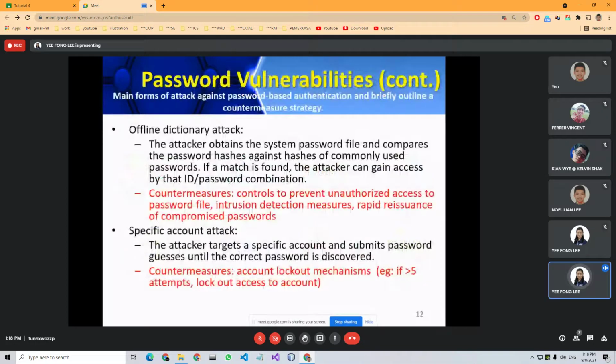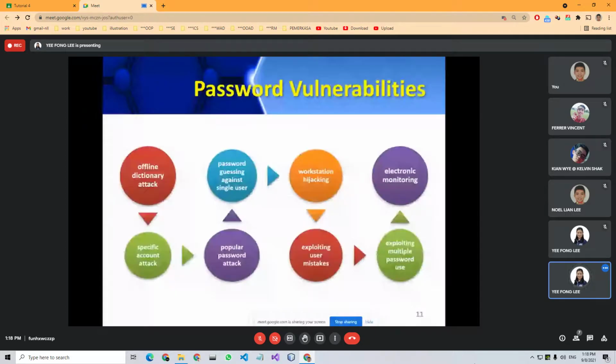First, we look at the offline dictionary attack. Typically, strong access control is used to protect our system password file. The attacker might try to obtain the system password file and compare it with commonly used passwords.